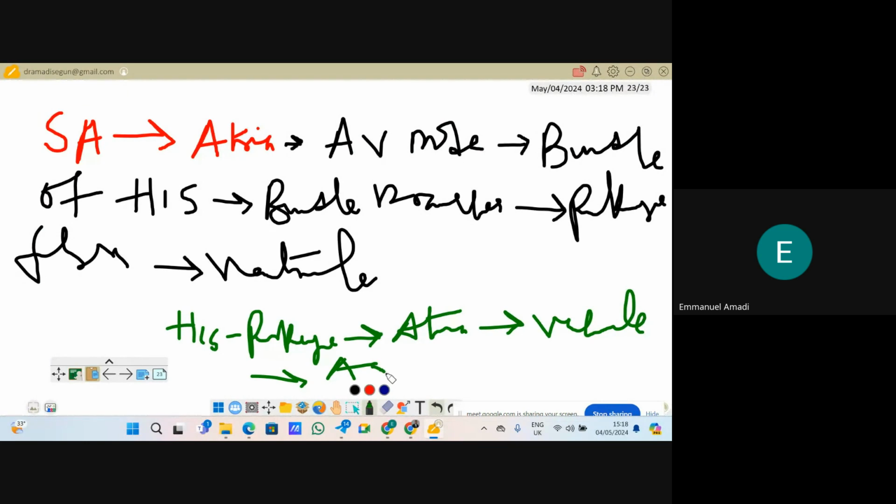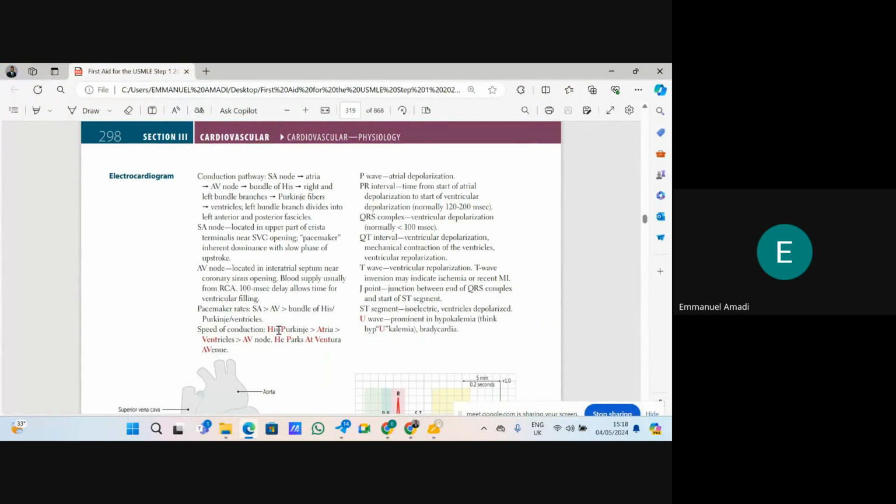You can see the AV node is like the third in sequence to receive the electrical impulse in this pathway, but in terms of speed, the AV node is the slowest. That is what they were trying to put in here. The His bundle, then the atrium, then the ventricles, then the AV node. The AV node is the slowest. So don't confuse the pathway or flow of electrical impulses with that of the speed. The two are very much different.